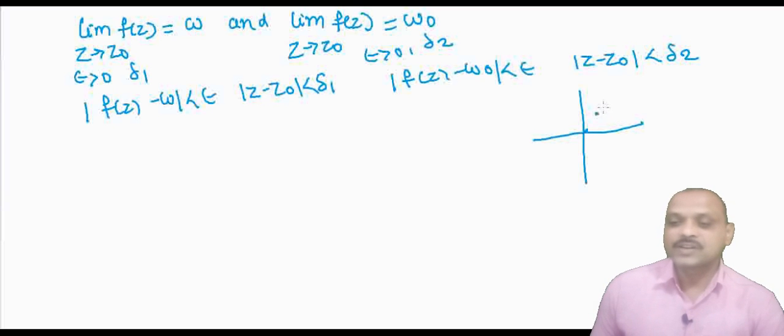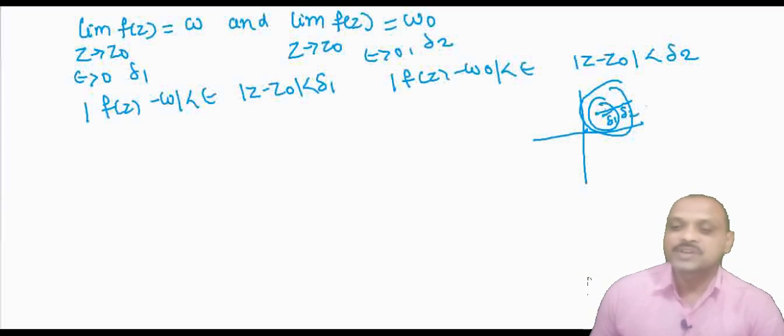We have taken one circle having the radius delta 1, and this is another circle having radius delta 2. Let us take the minimum. Here in this diagram, delta 1 is the minimum. For all these values, both conditions are satisfied. So see the common region. For this common region, these conditions are satisfied.